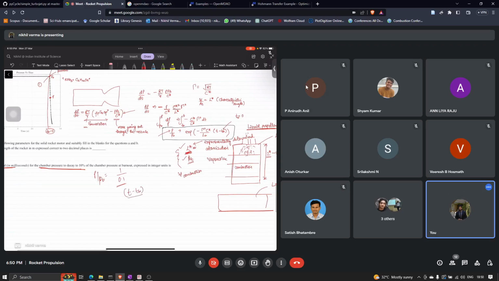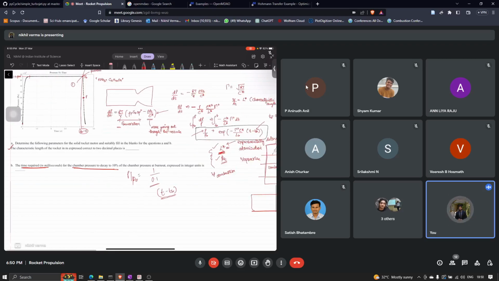It is asked what time it takes after the burnout has happened, right? At the burnout you can take this thing as 0, that is the reference value. At TB the burnout has started, and what delta T is required to reach the pressure of 10% of the chamber pressure at the burnout.